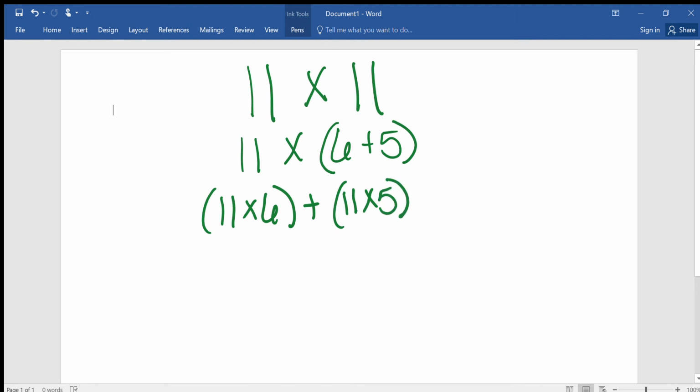Now I can double it. So like 11 times 6 is 6 twice, 66. 11 times 5 is 5 twice. If you wanted to do this in your head, you could say 60 plus 50 is 110. 6 plus 5 is 11. 110 plus 11. You could do it that way. Or you just write it on the side.